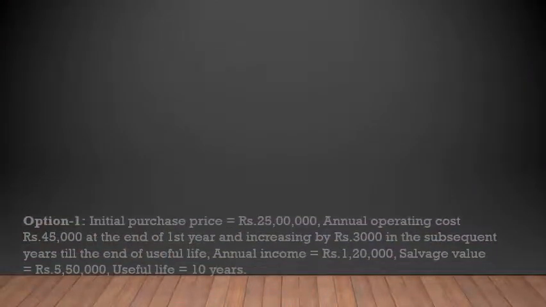One by one. First, let us get the first option. Initial purchase price of rupees 25 lakhs. Purchase price means what? P. Annual operating cost 45,000 A at the end of first year and increasing by rupees 3,000. So what is it now? Will it remain as A?